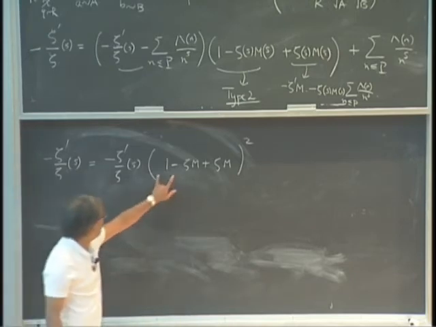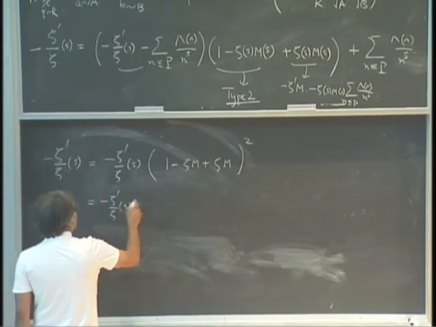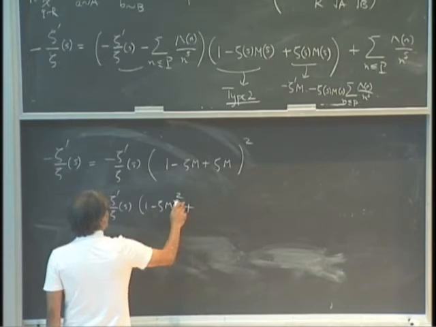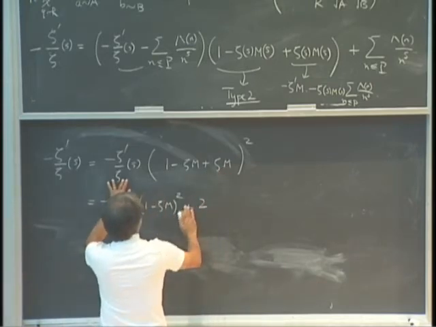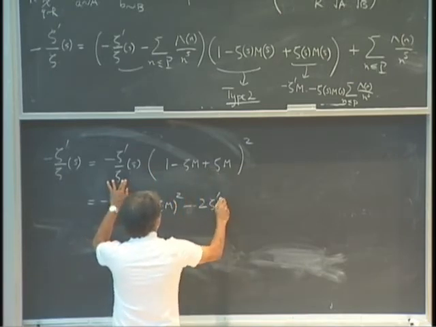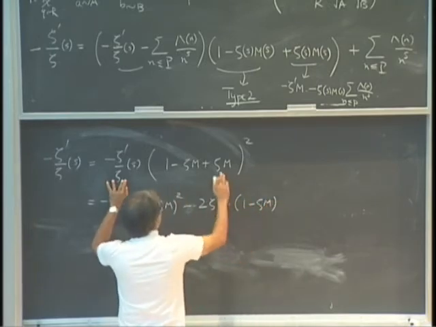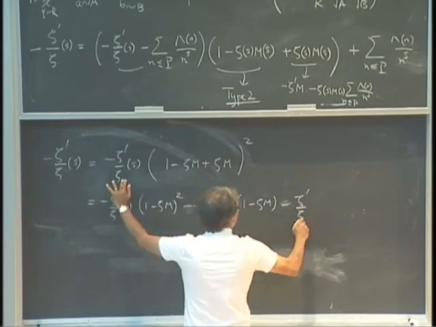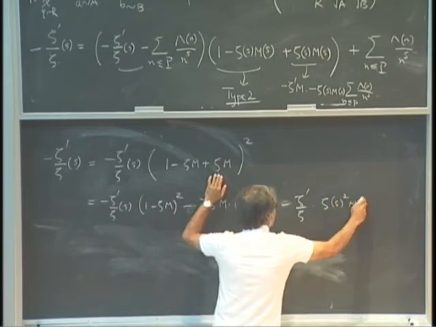And then multiply everything out, so you get minus zeta primed over zeta plus, and then 2 copies of this. So 2, if I multiply zeta m by zeta primed over zeta, I get minus zeta primed m, and then times 1 minus zeta m. And then the last one will be plus zeta of s squared, m of s squared.